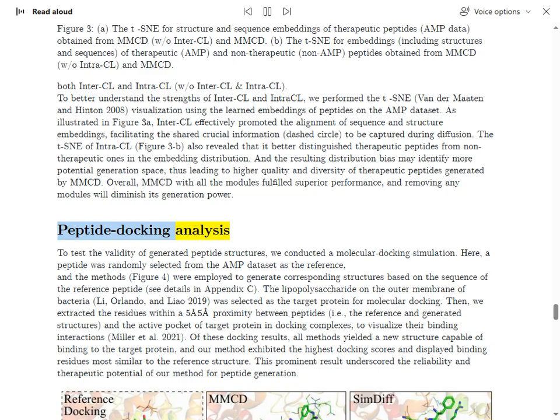Peptide docking analysis. To test the validity of generated peptide structures, we conducted a molecular docking simulation. Here, a peptide was randomly selected from the AMP dataset as the reference, and the methods, Figure 4, were employed to generate corresponding structures based on the sequence of the reference peptide.